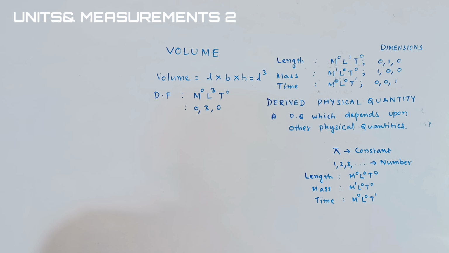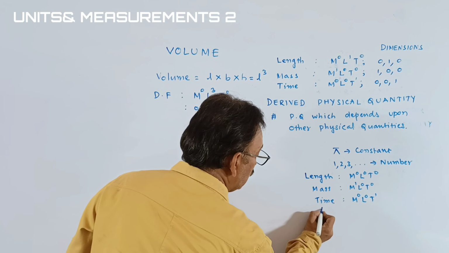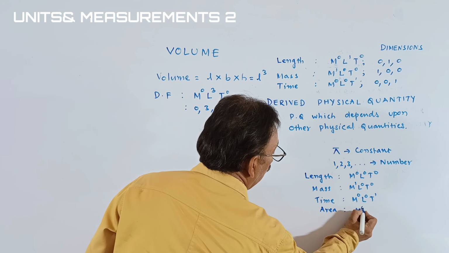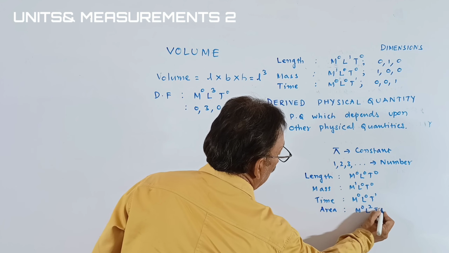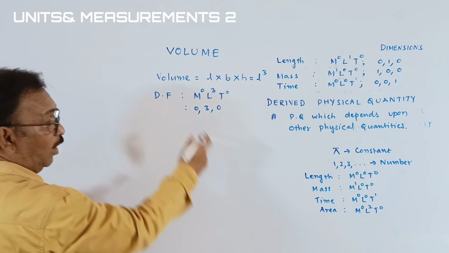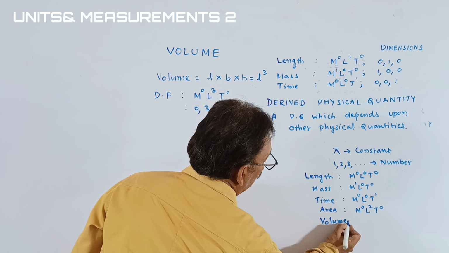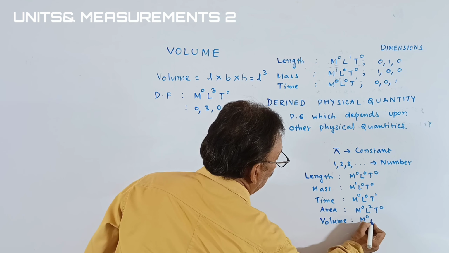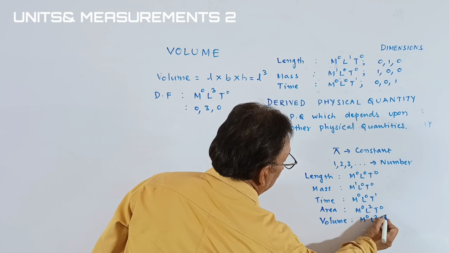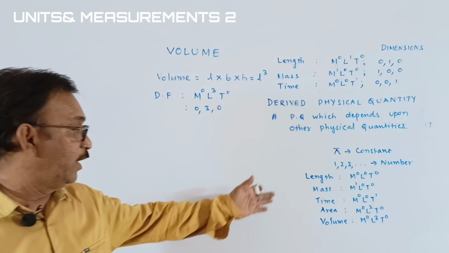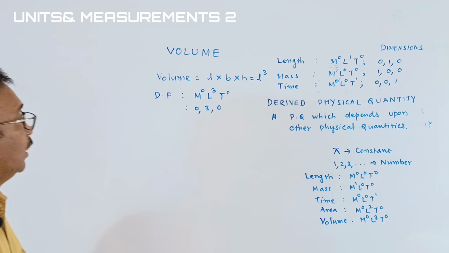Okay, students. And we got the dimensional formula of area. Area we had as M0, L2, T0, and volume is M0, L3, T0. If you want to note these, students, please freeze the frame and you can write the dimensional formulas.